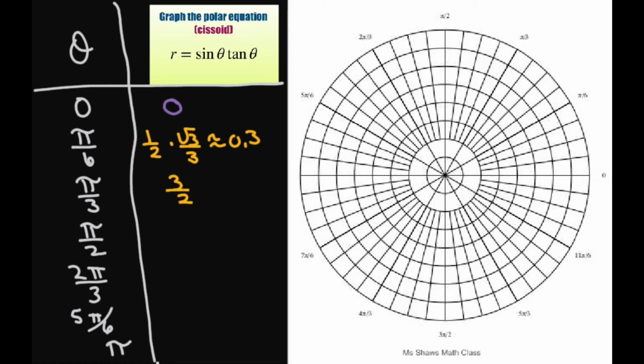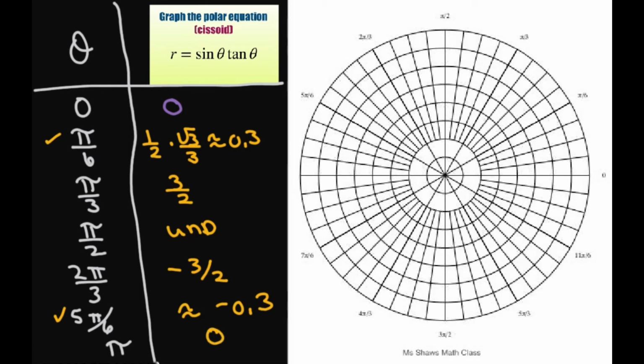At pi divided by 2, it's undefined. At 2 pi divided by 3, it's negative 3/2. And at 5 pi divided by 6, it's the same as pi divided by 6, but negative, because we're going to have negative square root of 3 divided by 3. So this is going to be negative 0.3. And at pi, we're at 0.